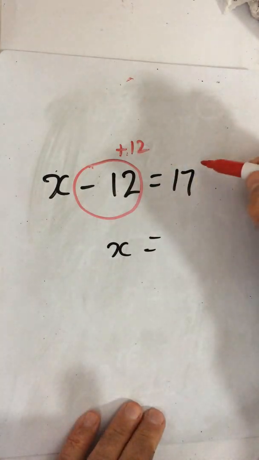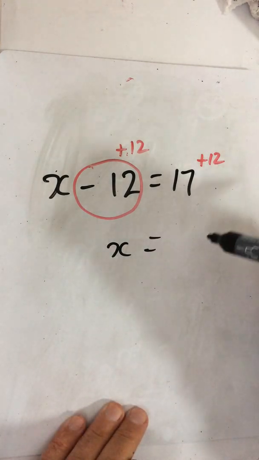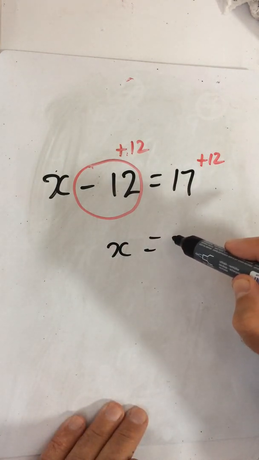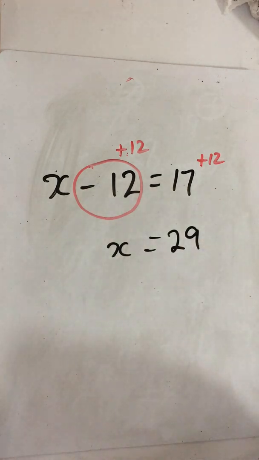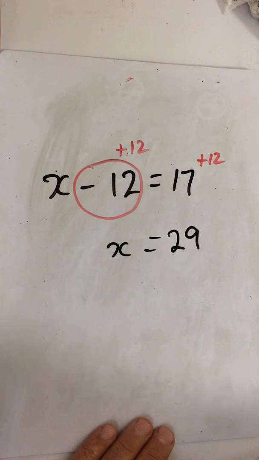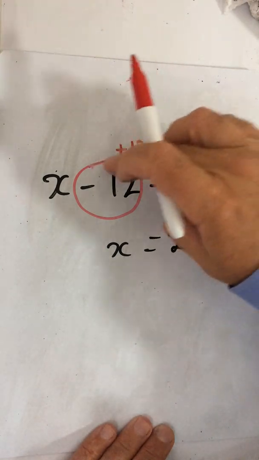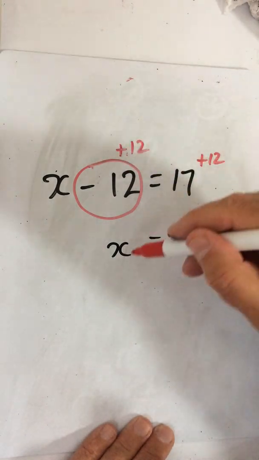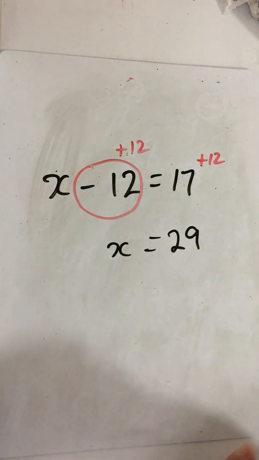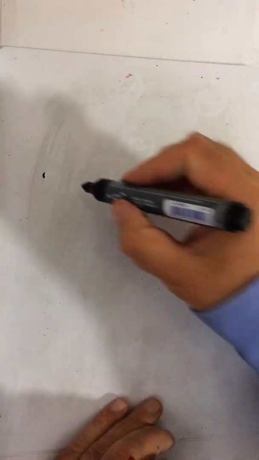It's called the balance method, so I also add 12 on the other side. 17 add 12 is 29, and 29 take away 12 is 17. Now we need to do this method, even for these simple ones. Just do a little plus 12, and then x equals underneath, working downwards. I know it sometimes seems a bit daft, but when they get harder, you'll see why.